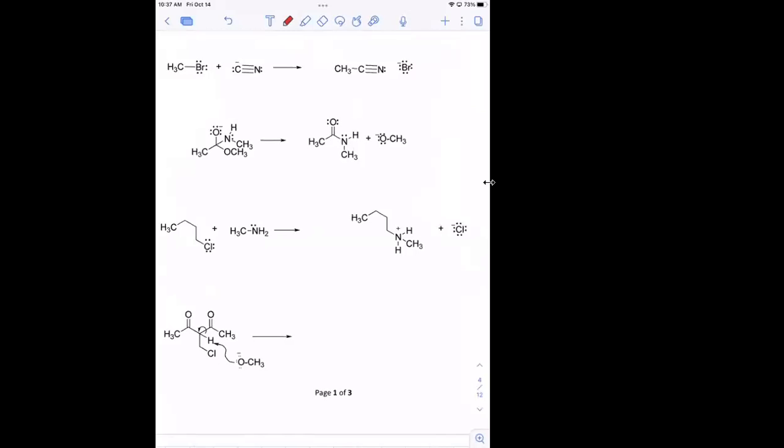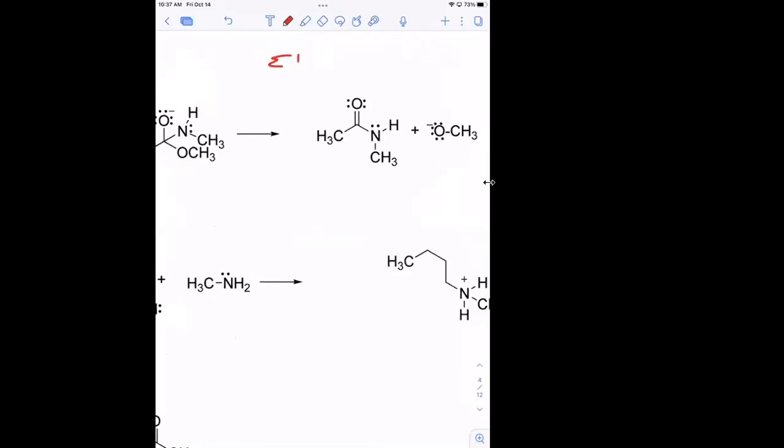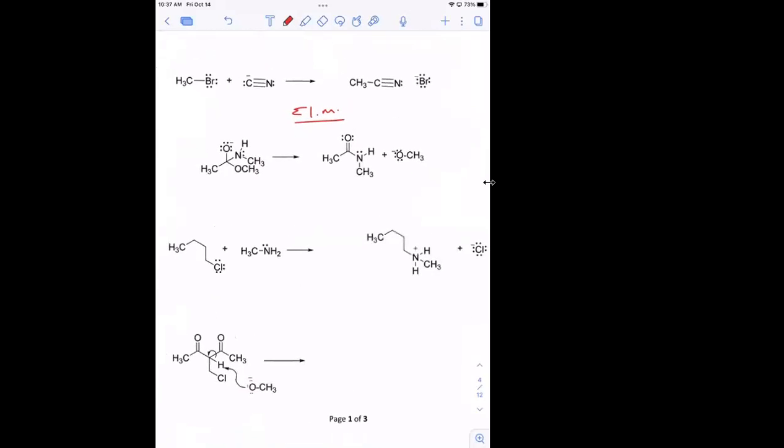But there is a type of reaction that happens. What is it? It's an elimination. There's no nucleophile or electrophile. This is intramolecular. So what happened though?